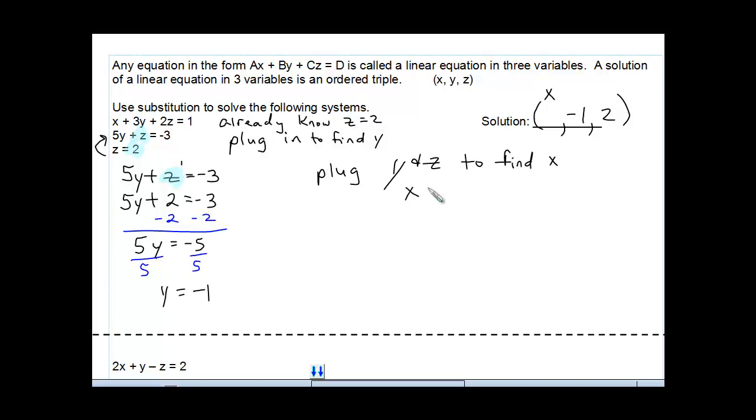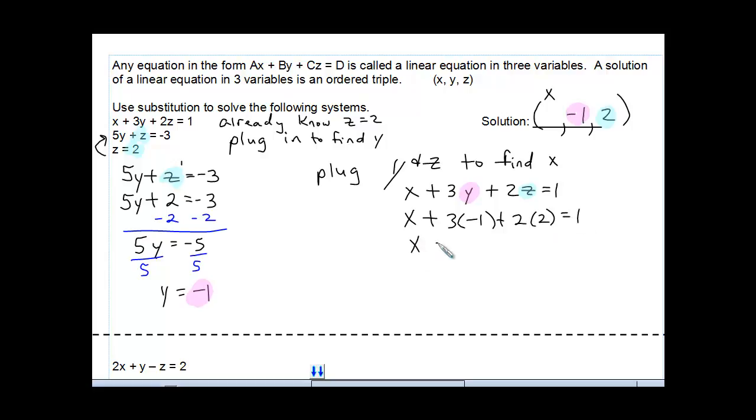So let's look at the top equation. We have x + 3y + 2z = 1. Remember that z is equal to 2, and now we also know y is equal to -1. So let's plug in those values. x + 3 times -1 + 2 times 2 is equal to 1.